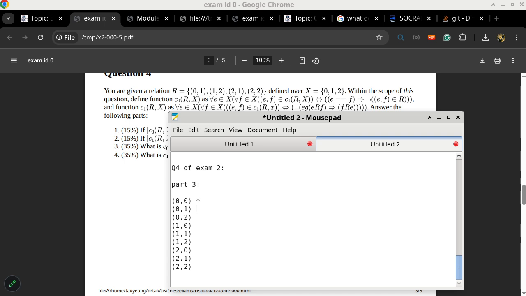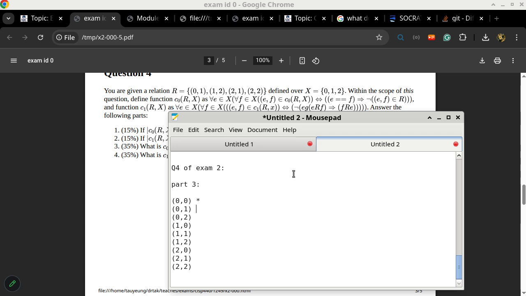E equals F implies... So when E and F are different, then the implication is true, which means EF should be a member. So I think the key may be wrong in that case. Yeah, so I have to think about this a little bit more.